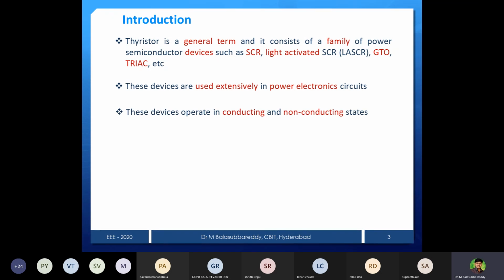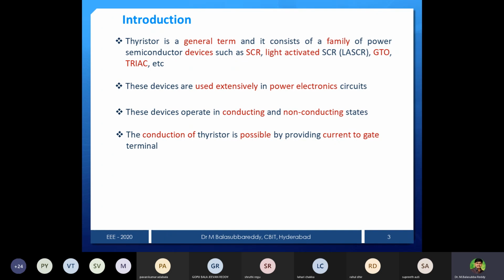Then there is control on the conduction as well as the conducting and non-conducting states. While it is turned off, we use forced commutation or natural commutation. To turn on also, we require turn on methods, that is, conducting methods. The conduction of a thyristor is possible by providing current to the gate terminal. This is one efficient method, but this sentence is not throughout valid.